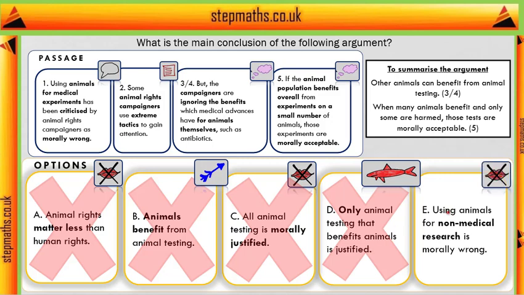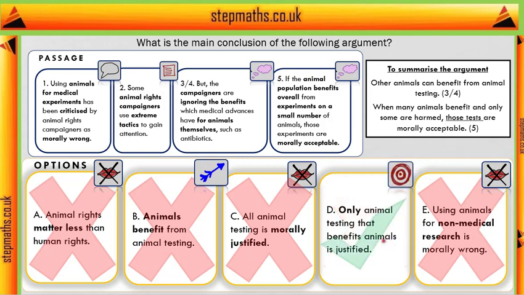If we just rule out E quickly, E isn't said at all because they don't talk about non-medical research. The example they give is medical, but it could be, given what they say, that if you find some non-medical benefit for other animals, then that would also justify the research. So this isn't the answer.